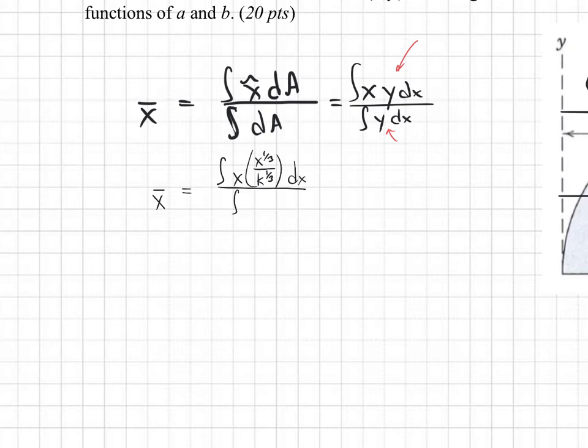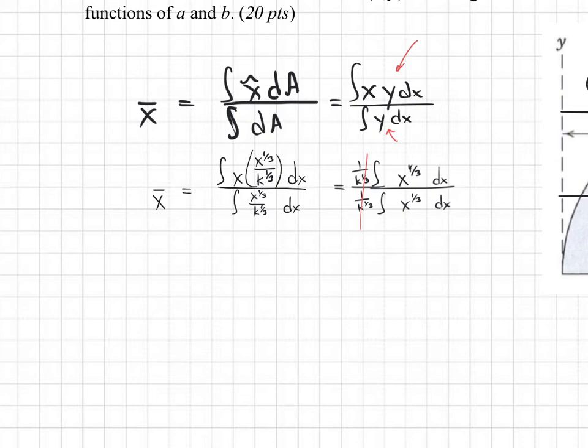And over here we're going to do the integral of x to the 1/3 over k to the 1/3 dx. I guess there's nothing to do but to just start working it, right? So I've got 1 over k to the 1/3. K is a constant, so I can just pull it right out, which of course means, lucky for us, those are just going to cancel right out, so we never have to write them again. Then we've got x to the 4/3 dx over x to the 1/3 dx.